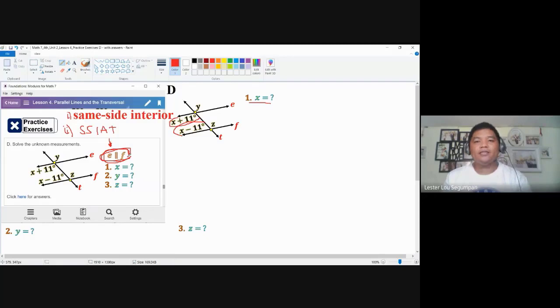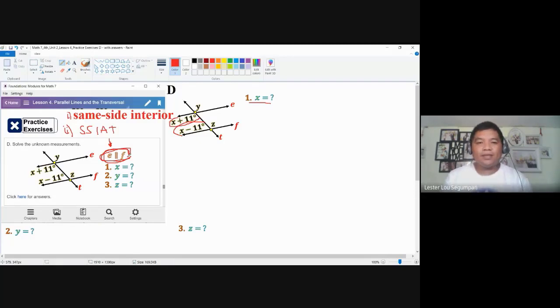Let me repeat. You also have it in your module in other references. Again, if a transversal line cuts two parallel lines, then the same side interior angles are supplementary. They are not congruent, not to be confused with the alternate interior. If we talk about same side interior angles in parallel lines, they are supplementary.